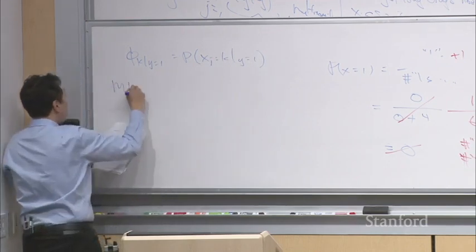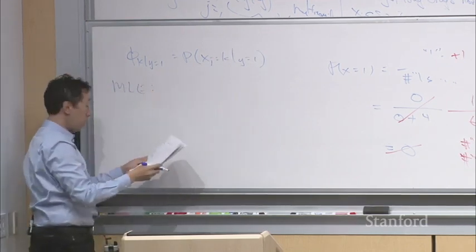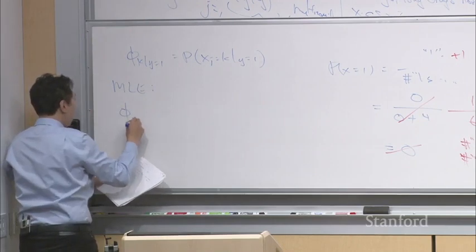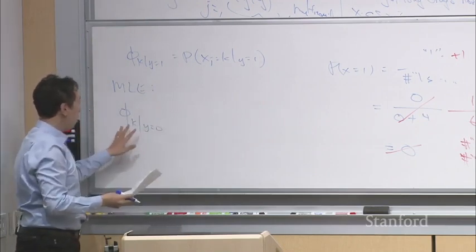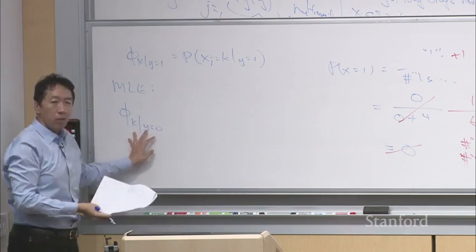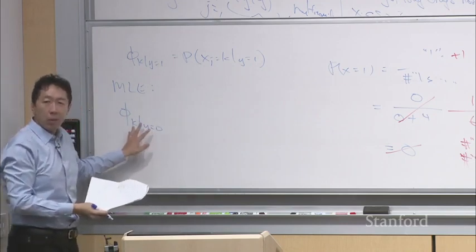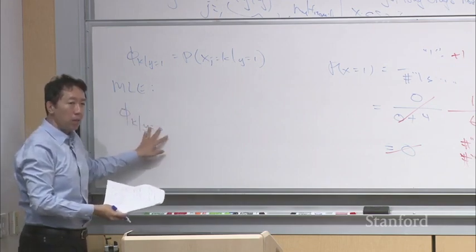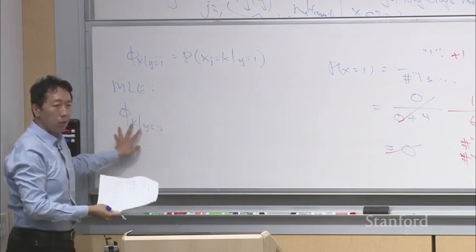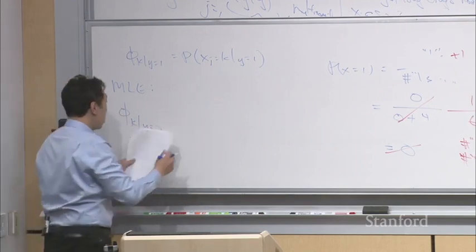And then for the maximum likelihood estimate of the parameters, I'll just write out one of them. This is your estimate of the chance of a given word, really any word in any position, being word k. What's the chance of some word in a non-spam email being the word drugs, let's say? The chance of that is equal to this.